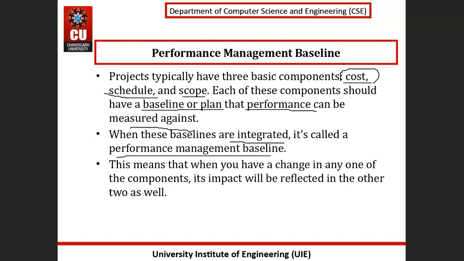This means that when you have a change in any one of the components, change in the cost, change in the schedule, change in the scope, its impact will be reflected in the other two as well. If there is some change in the cost, it will change schedule and scope. The effect is reflected in these components. All these depend upon each other, in simple words.